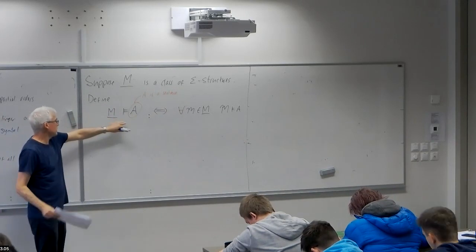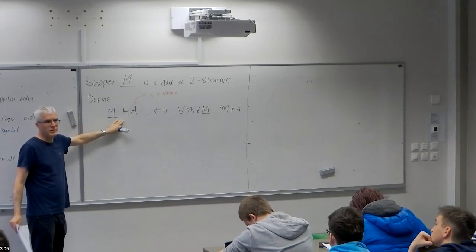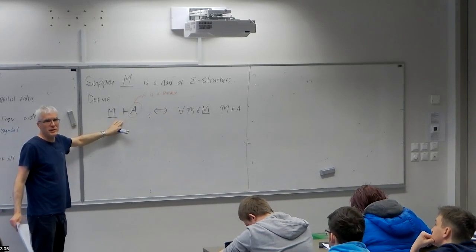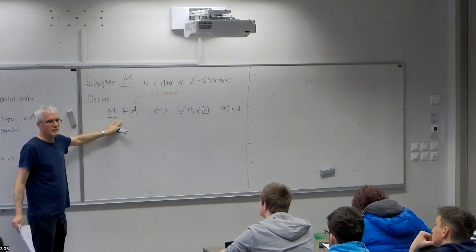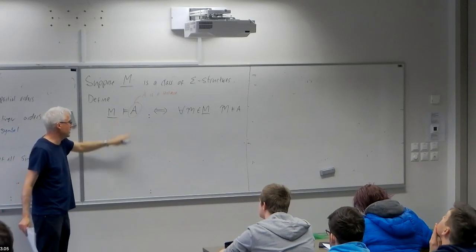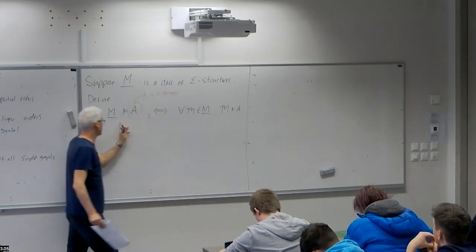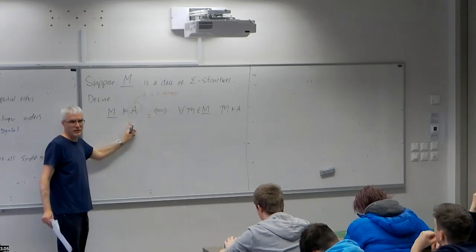So notice I'm using the same symbol that we use for the satisfaction symbol. In computer science terminology, this is now overloading of this relation. We're using it in two different ways: for an individual structure on the left, and now for a collection of structures on the left.